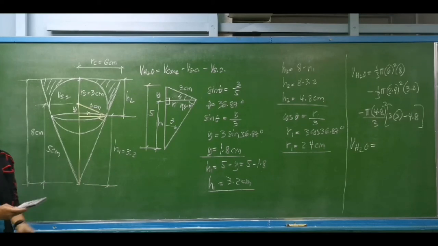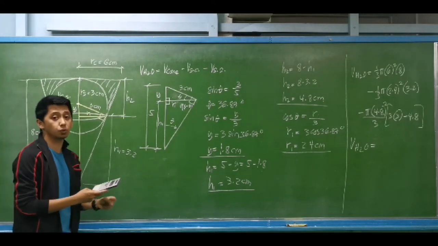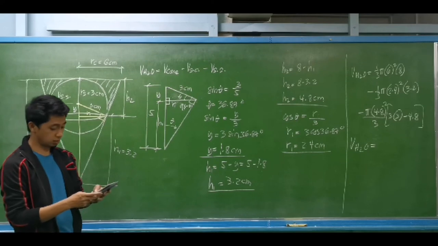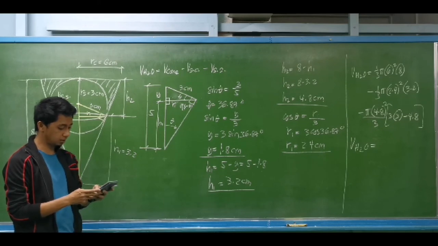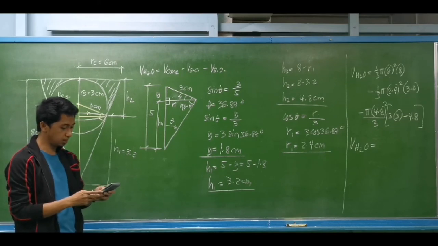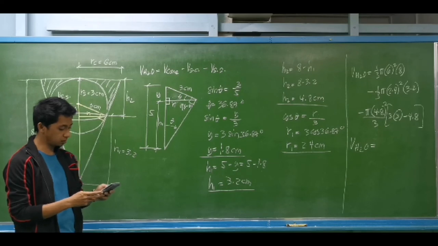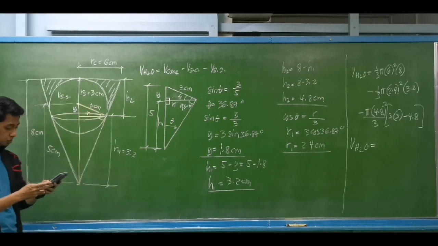Ay minus yung spherical segment, yung pi h squared over 3 times 3r minus h. That is pi. Yung height niya is 4.8 squared divided by 3. This is multiplied by 3 times the radius of the sphere, which is the same as 3 minus 4.8.